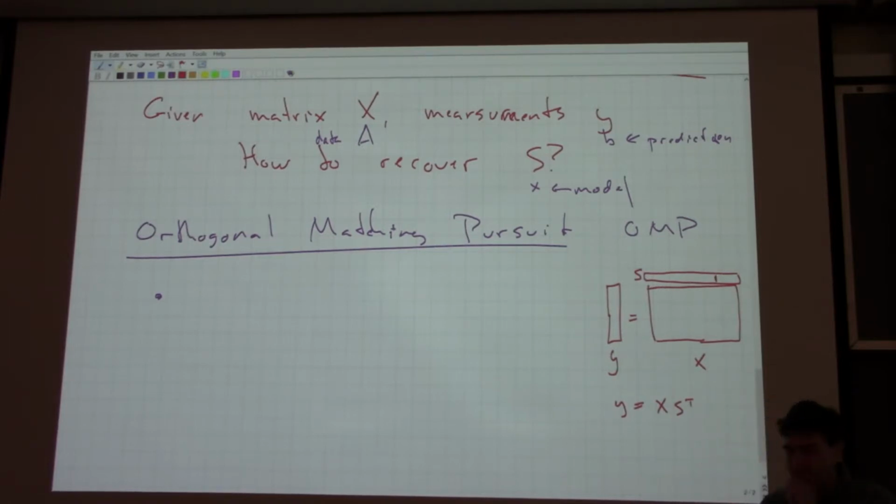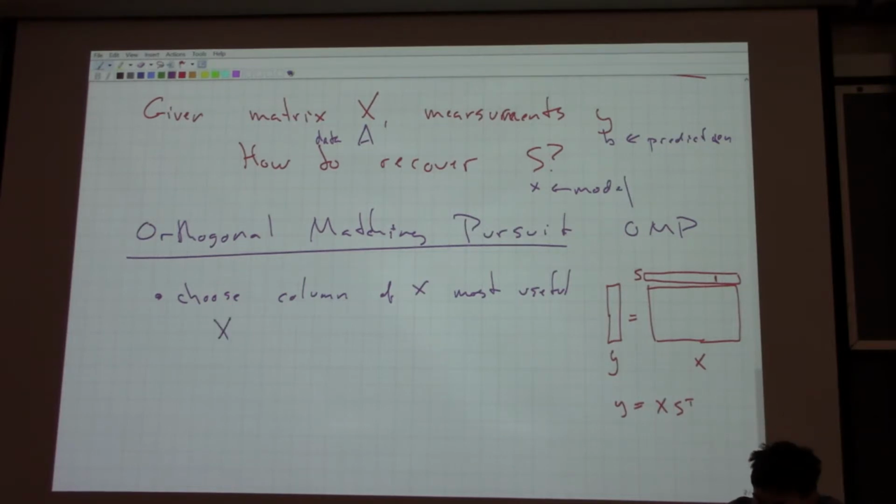So the first thing I'm going to do is try and choose the column of X that's most useful. What is this going to be?